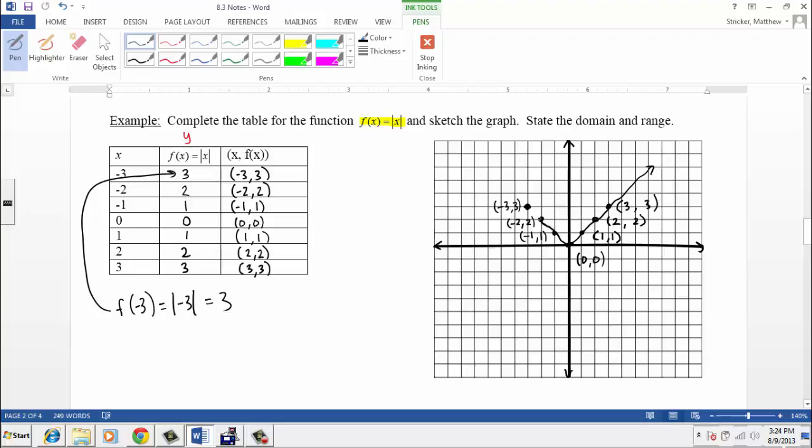And as I mentioned earlier, you kind of have this nice V shape.